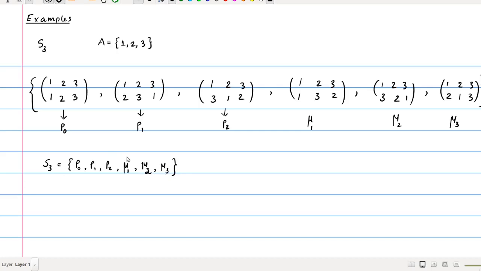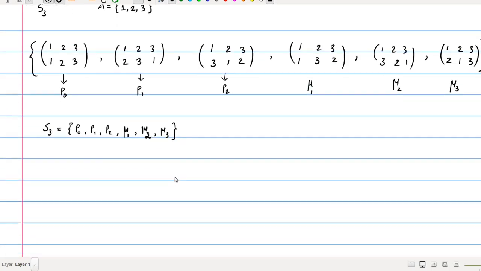So you can easily evaluate the group table of this S3. That is obtained by evaluating the multiplication between the elements of S3. First of all we can draw the group table.